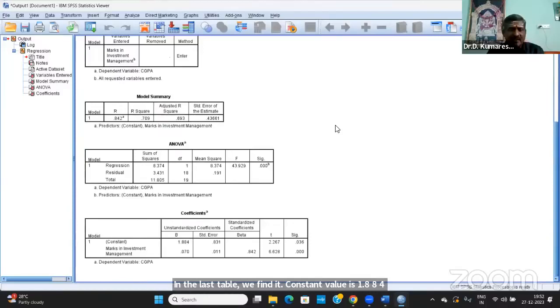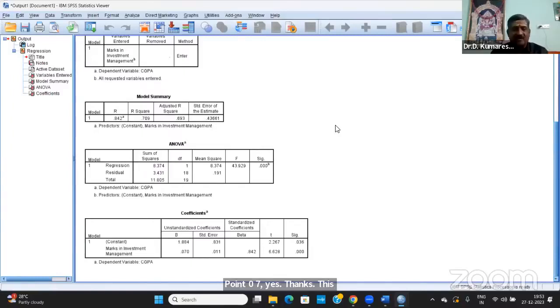Coefficient of X is 0.07. Here also the significant value is the same as given in ANOVA because we have considered only one independent variable. So what is the regression equation? Y equal to 1.884 plus 0.07x. That's all.